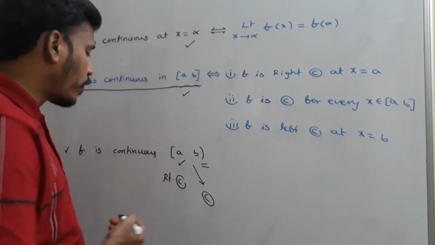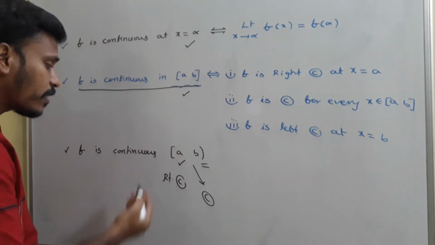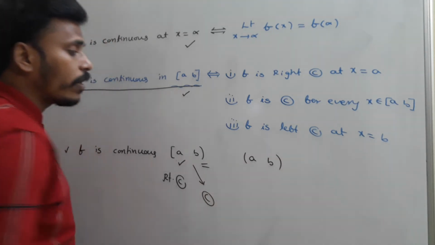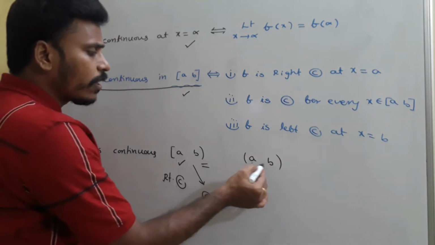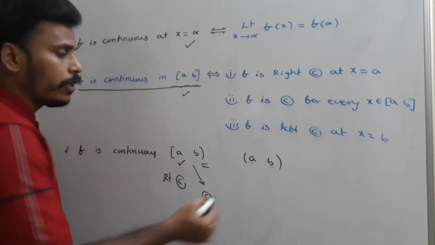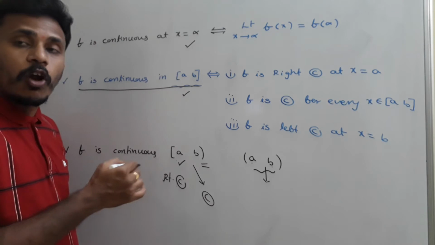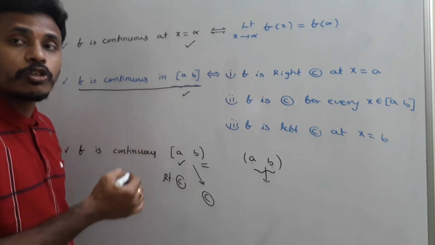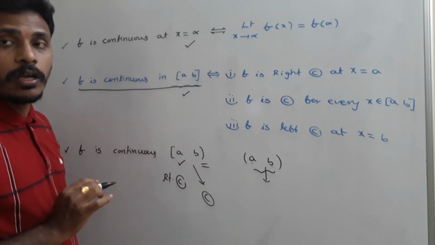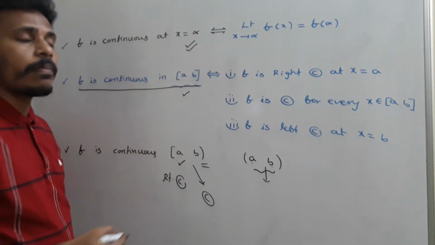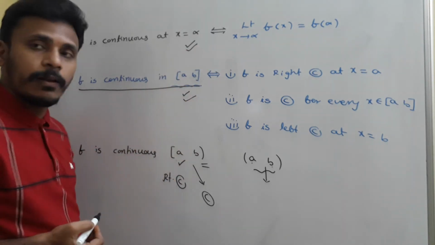Whereas suppose you are discussing continuity in the open interval ab, then don't think about the continuity at a and b. You just concentrate on the points in between ab, and for all those points the function should be continuous. So what I am saying is continuity at a point is different from continuity in the interval.